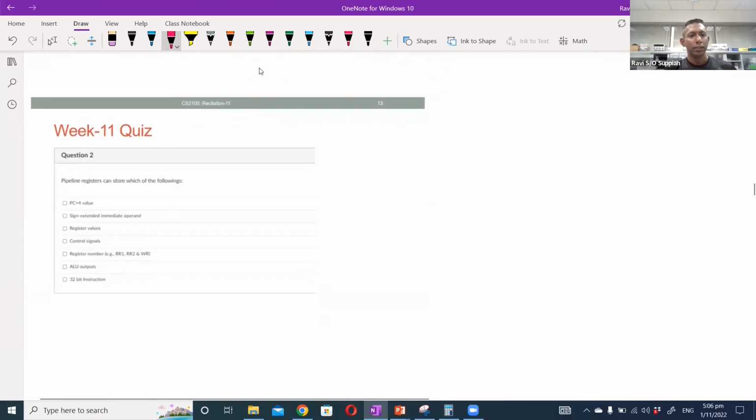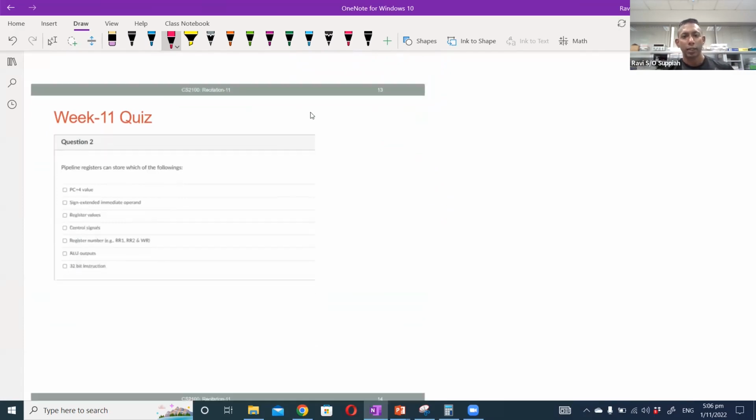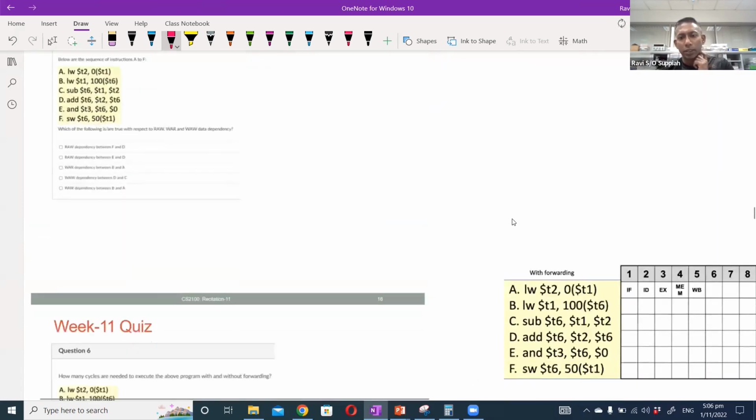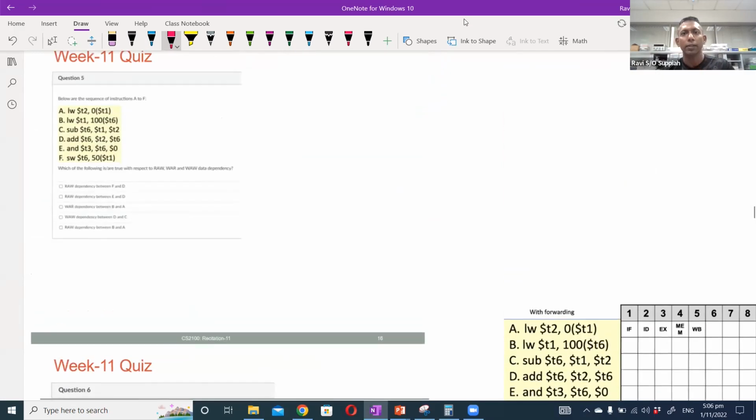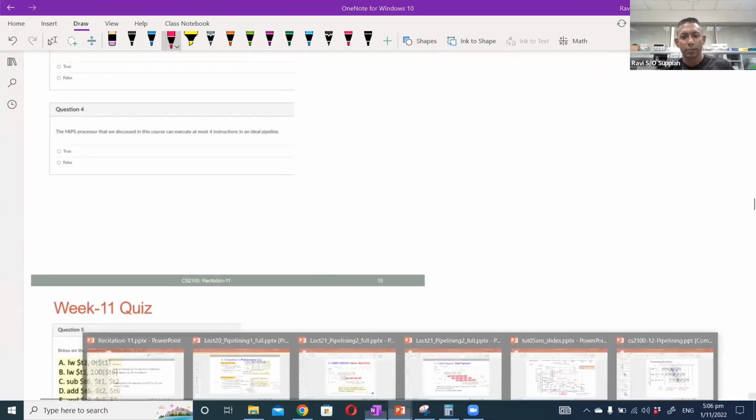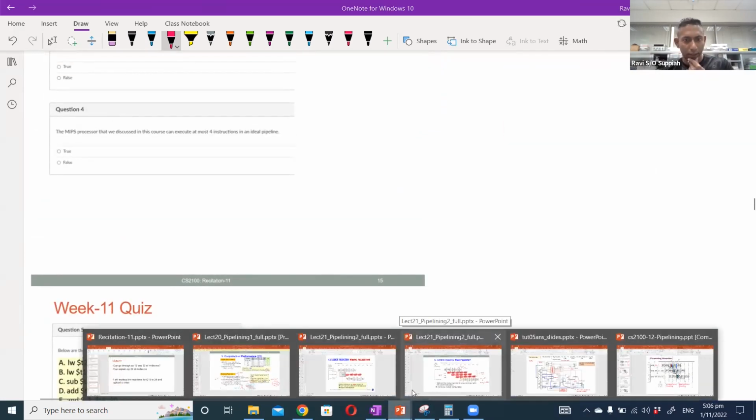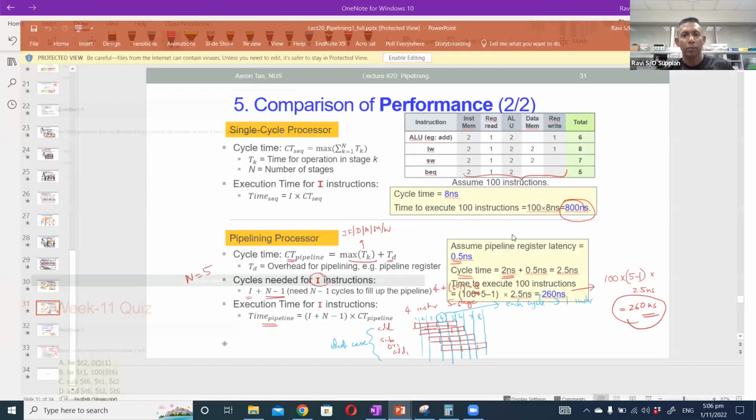Pipeline registers can store which of the following? PC plus 4, sign extended. All right, so let's look back at the picture of the pipeline. Let me take out one of the pictures here.